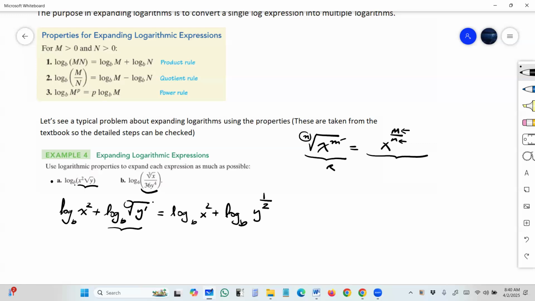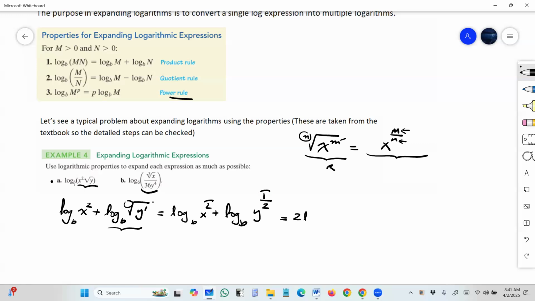So now I have the log expression a little bit simplified, and only now can I apply the power rule. The power rule is always applied last, if there's a power to be applied. In the first case, the 2 goes to the front of the log.